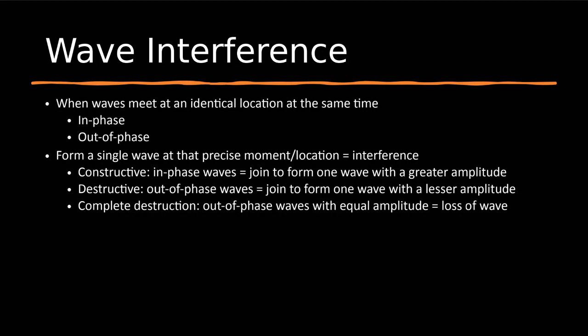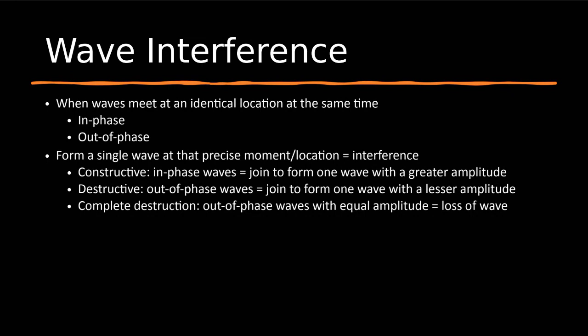And this is what we technically consider wave interference. When you have two in phase waves, so their maximum values are occurring at the same time, they're going to join to form one wave that has a greater amplitude. So it's like you're adding the amplitude from the smaller wave to the larger wave, and now you're getting one even bigger wave, right? And that's going to be considered constructive interference.